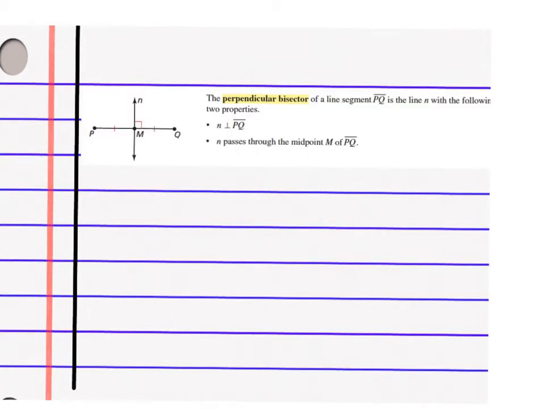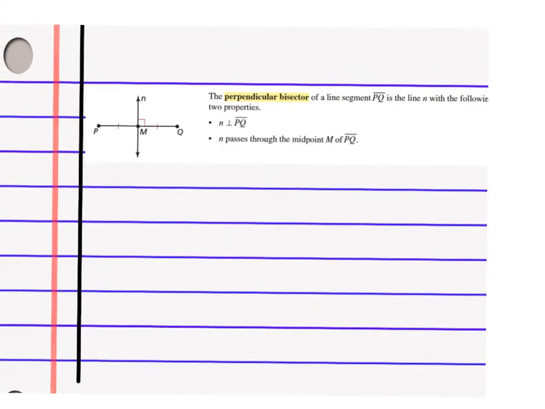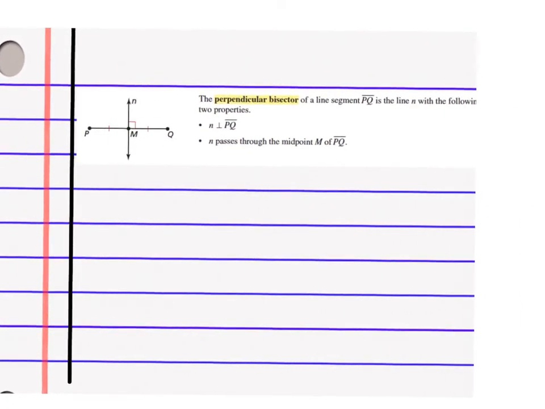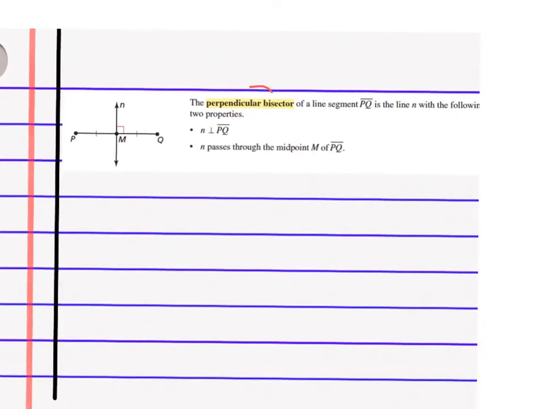Another vocabulary word, so this is still vocab, we're not to the examples yet, is perpendicular bisector. Please make sure you're writing down perpendicular bisector. I always get questions on quizzes and tests: what is a perpendicular bisector? Draw the picture and write the 2 bullet points.